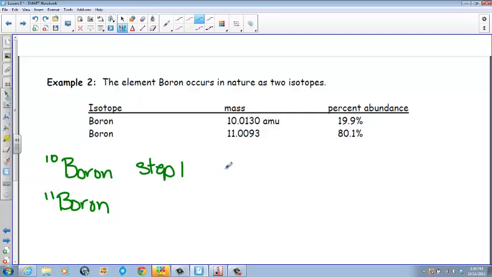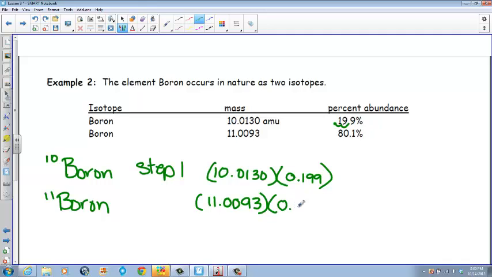So step 1, we are going to take our mass, 10.013, and multiply that by the percent abundance in decimal form. So another way is just to move the decimal place 2 over to the left. So that's 0.199. And then for boron 11, we have 11.0093. Multiply that by 0.801.